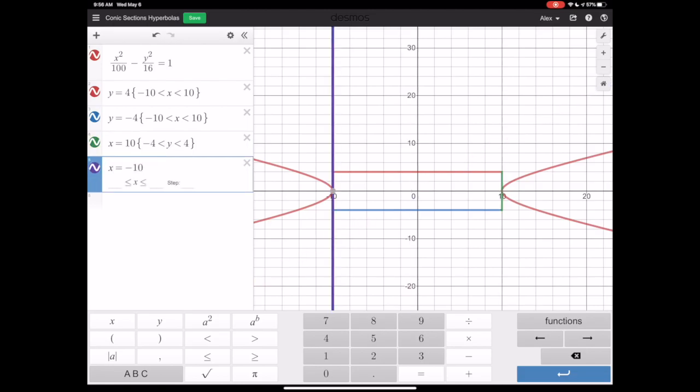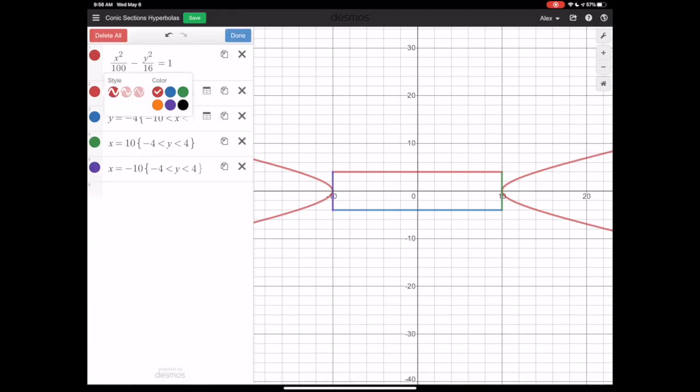The other one being at negative 10, negative 4 to positive 4. So here's my box. Let's make it all the same color. So let's do green, green, green, and then we'll dot them, so you can match what we did before. Okay, so here's the box that we would create, and then the asymptotes would branch off of that.